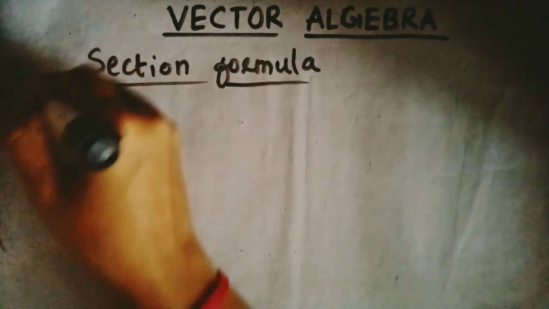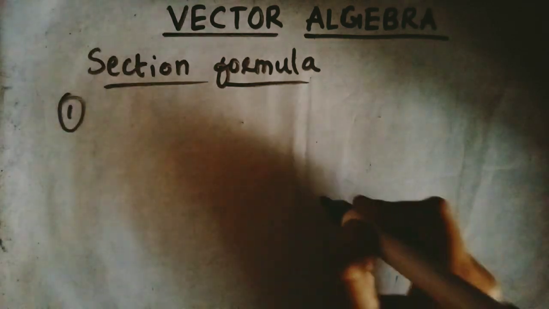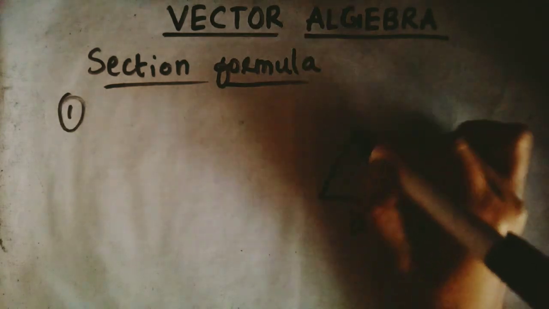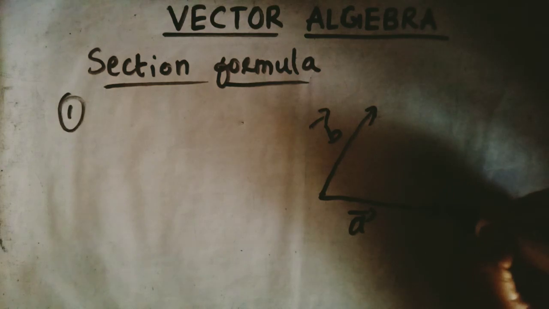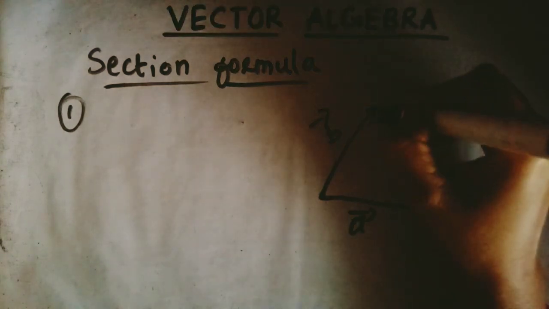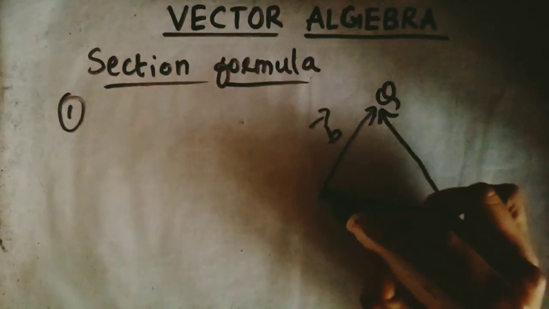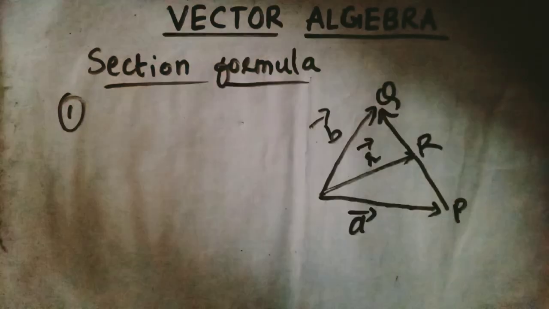Case 1: when the R vector, a point, lies on the vector PQ, the figure is like this: A vector, B vector, from A to B, this is PQ vector and this is your R vector. This point divides PQ internally.